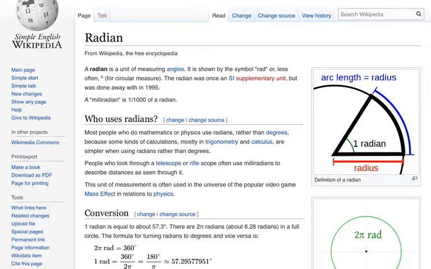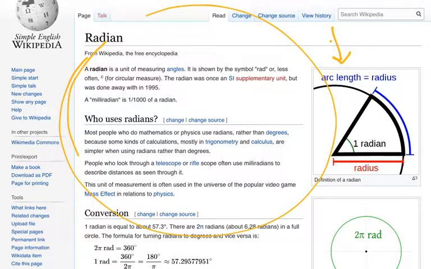So here's a great picture. I really like this one. It gives you a picture of exactly what that radian is. And the arc length is the radius. Here is some information on here.